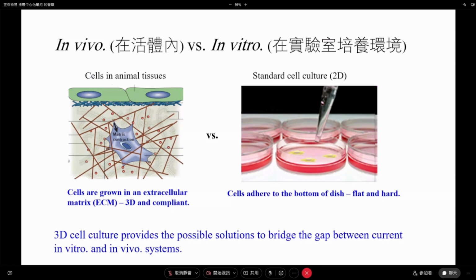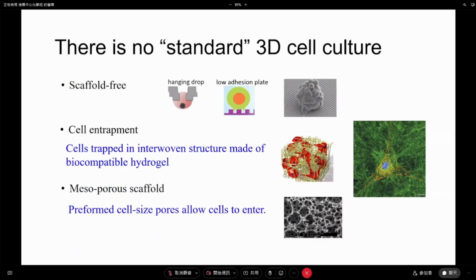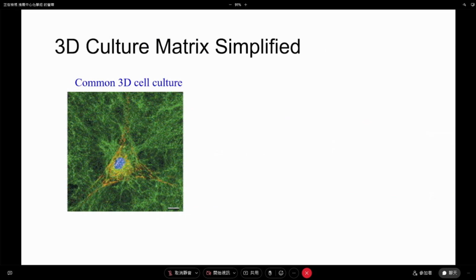So 3D cell culture promises much better results in cell therapy or drug screening. But 3D cultures are very diverse. There's no standard, okay? And so that makes it difficult to understand the role of dimensionality, because the cell shape affects its function and it has a very diverse cell shape.